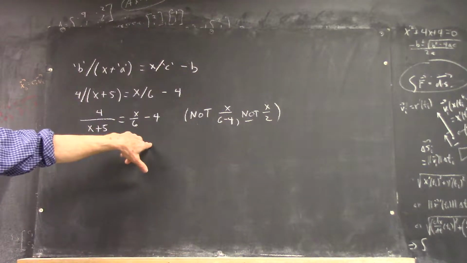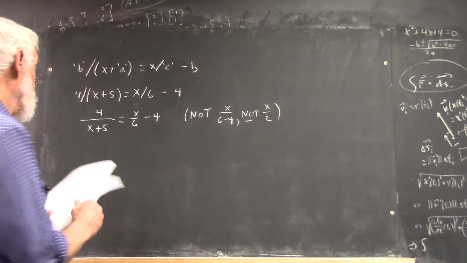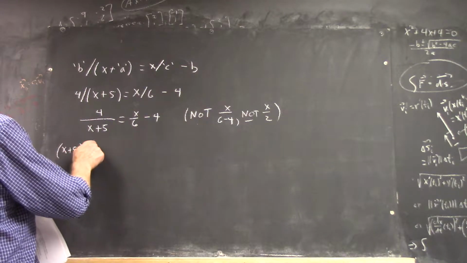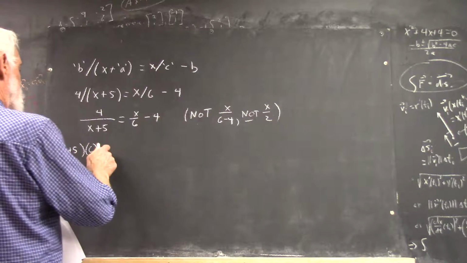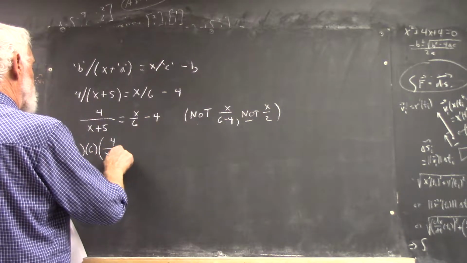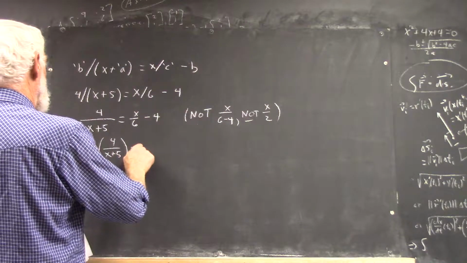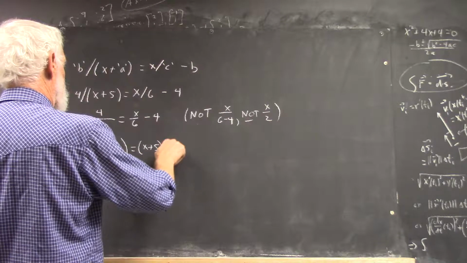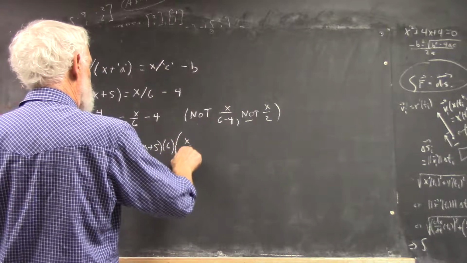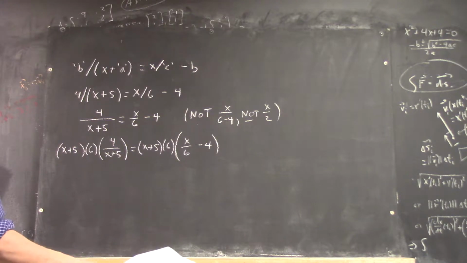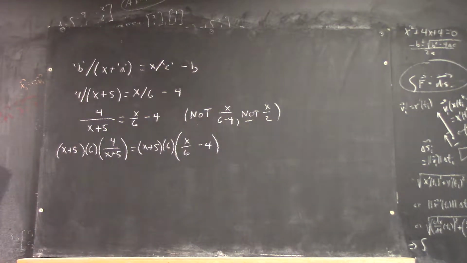Okay, we have this, right? So we multiply by x plus 5 times 6 times 4 over x plus 5 equals x plus 5 times 6 times x over 6 minus 4. We multiply both sides by the same thing.